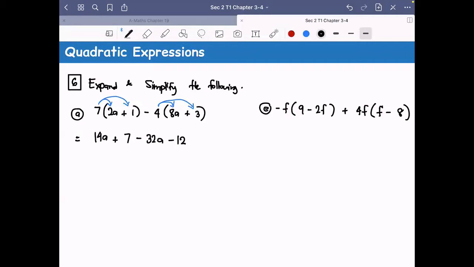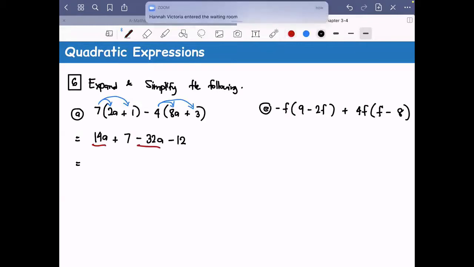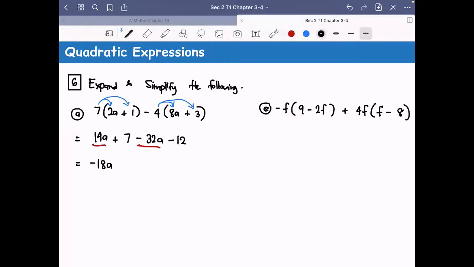After we have removed the brackets, we can now simplify the expression by combining like terms. So it's 14a minus 32a. What do you get? You get negative 18a.